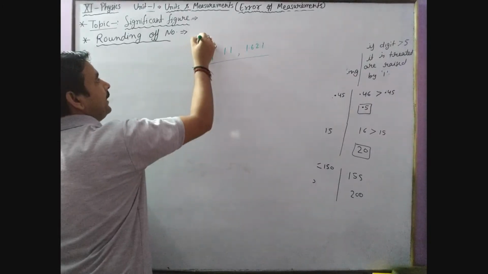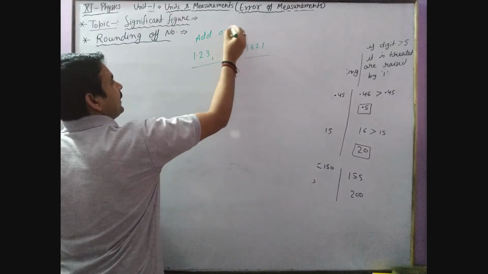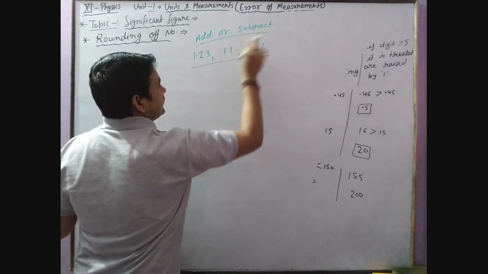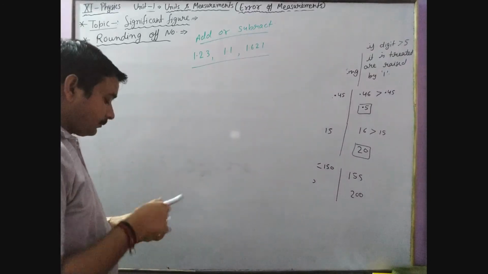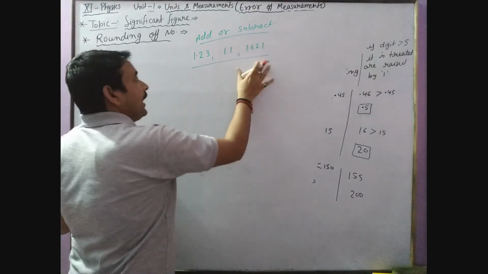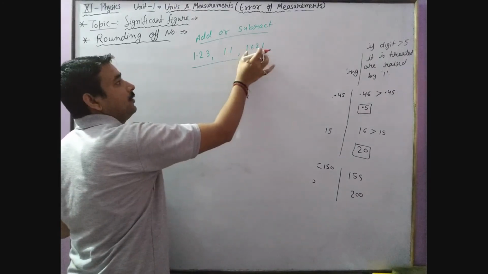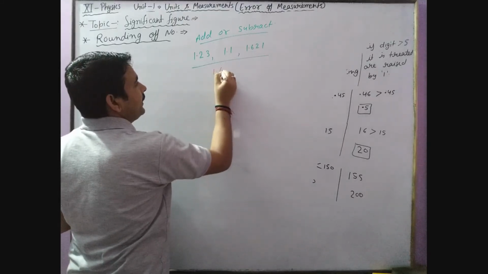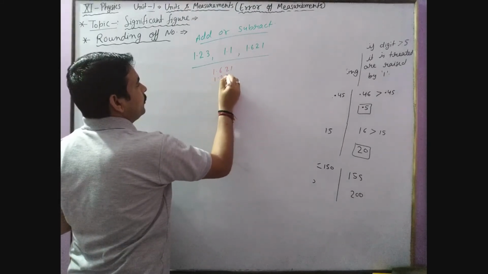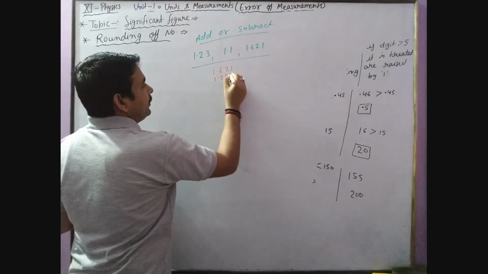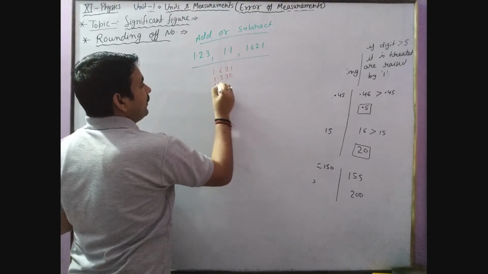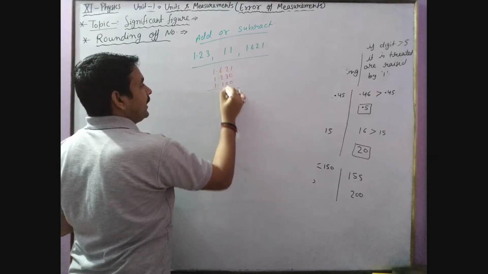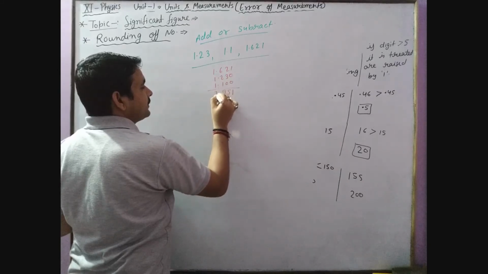We need to add or subtract these. Okay, so whatever you get after adding all these, okay, just I will solve you. 1.621, 1.23, and we use here a 0, 1.1 and 0 0. This we get 1, this is 5, this is 9, and this is 3.